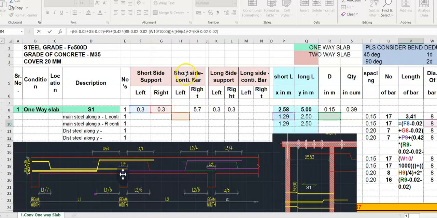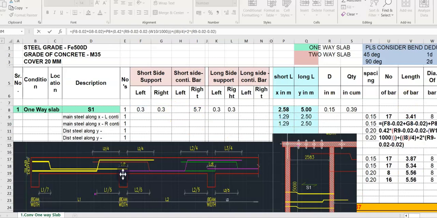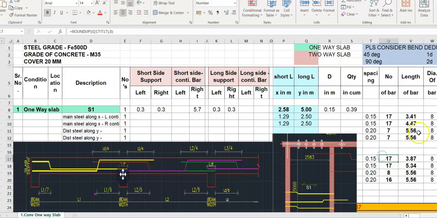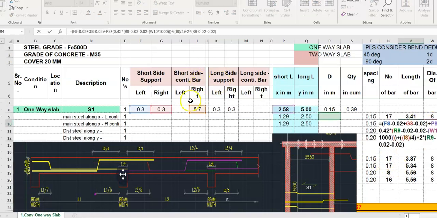Here is the difference. Shorter side continuous bar. Now we go for the right side. Please drag this formula for the right side. Drag the formula to the right side, then 0.42D, same as above.